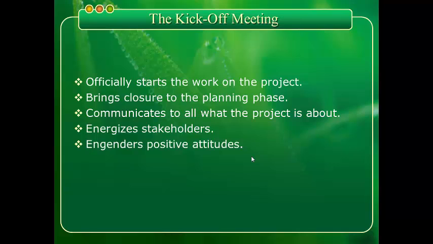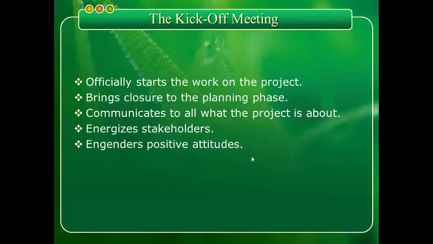Definitely, those who are related to the project should have the knowledge of what our project is and what their roles on the project are. Then the next part is let's energize stakeholders.